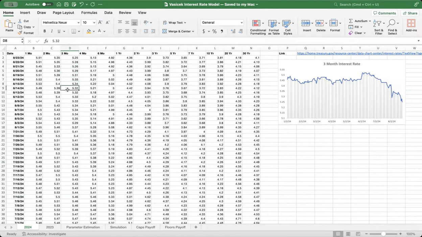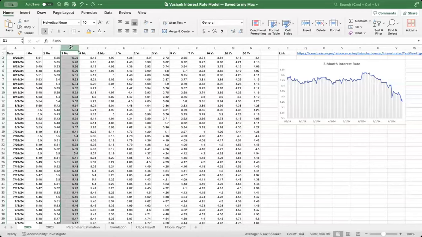That's why we need a mathematical model which can help us forecast these interest rates. As I said, these interest rates are not constant, and that's why we need a stochastic interest rate model which can be used to forecast the interest rates.